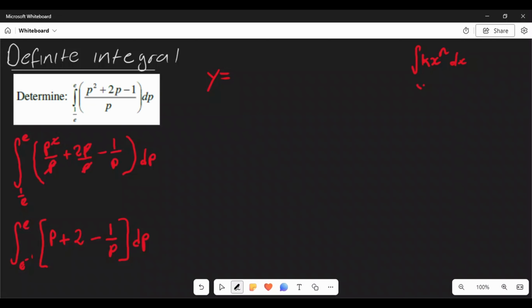When you integrate this, it's going to be k, and then x to the power of n plus 1, but the very same n plus 1 is going to divide the whole thing on the numerator. This time around we don't add plus c because of this definite integral. Do not forget that on a definite integral we do not add plus c.